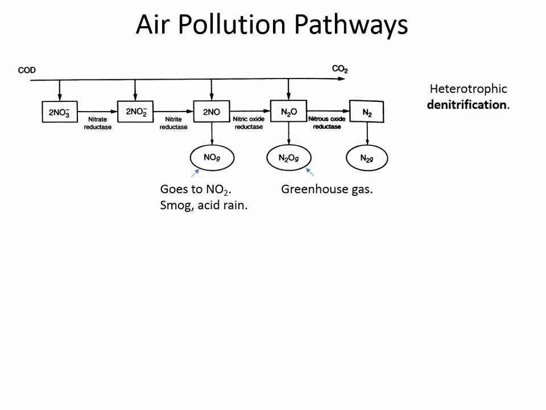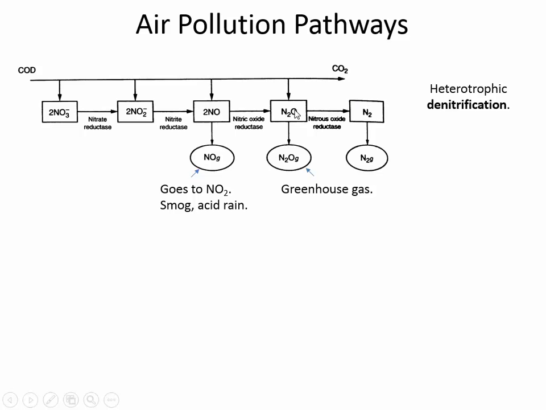So how does that happen? Well, it's during the denitrification process that a small fraction of the nitrogen goes into the gaseous phase. This is the pathway that we illustrated last week: nitrate going to nitrite, and then nitrite eventually ending up as nitrogen gas.